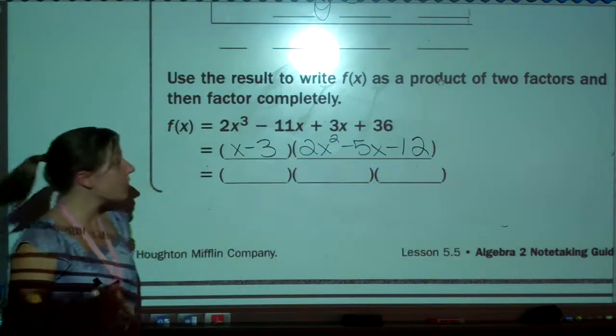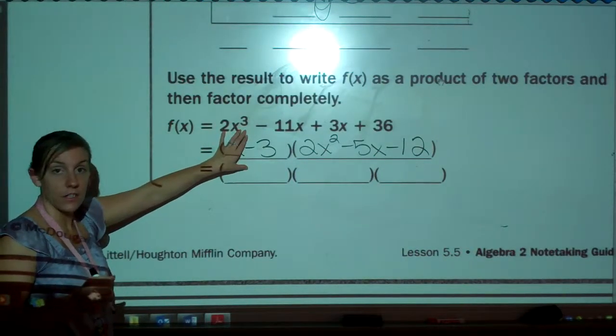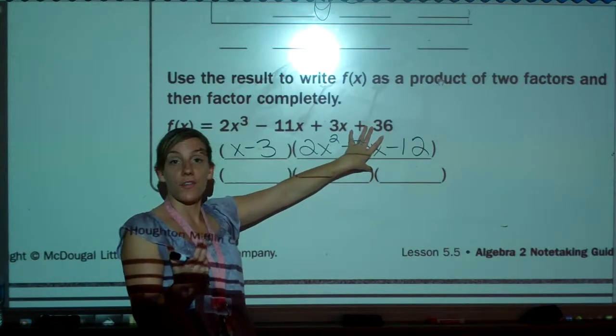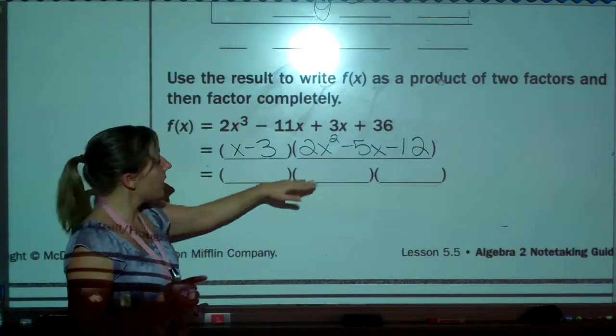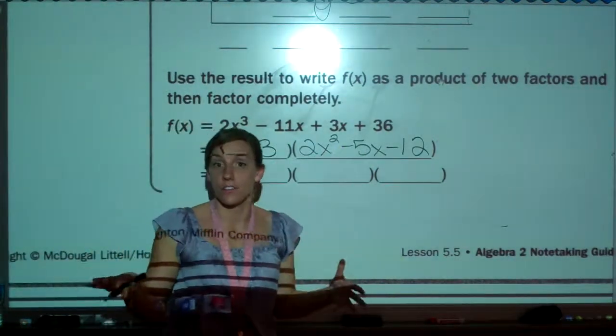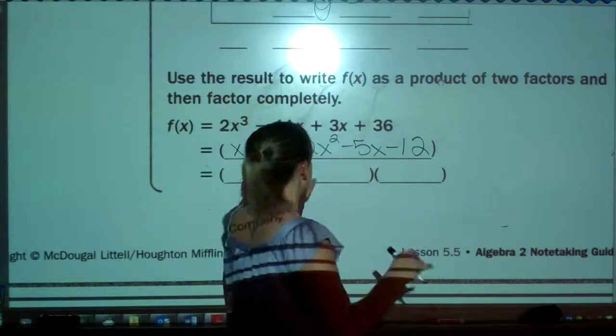Okay, so far this is where we are. That was a factor, because they gave it to us. When we divided it, we got that as the other factor. And now we can factor this trinomial one more time. It's just kind of like going through your factor tree. It's a trinomial, and it's advanced.